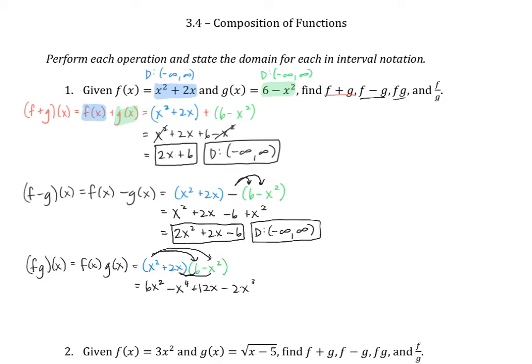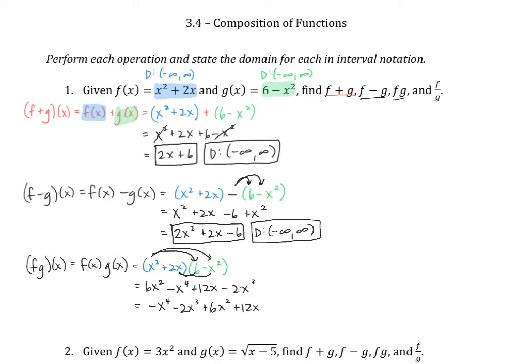All right, so we have no like terms, so we're just going to write it in descending order. So we have negative x to the 4th, and remember descending order means you start with the highest exponent on a variable and you work your way down. So the 4th, then we'll do x cubed, so minus 2x cubed. Then we're going to do the x squared piece, so 6x squared, and then the x piece, which is x to the 1st, goes last.